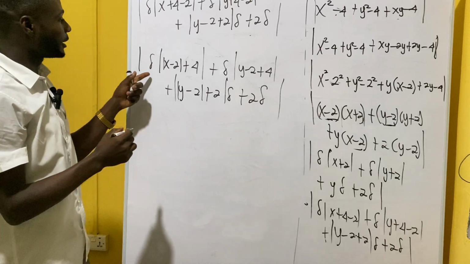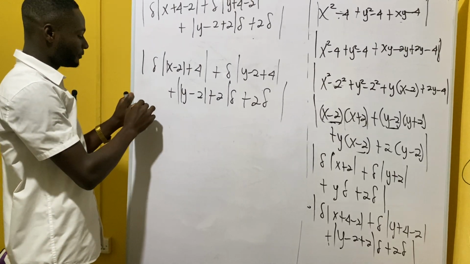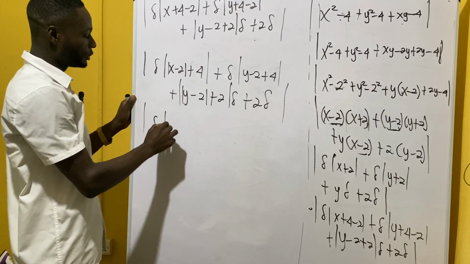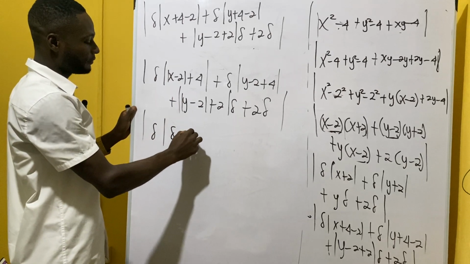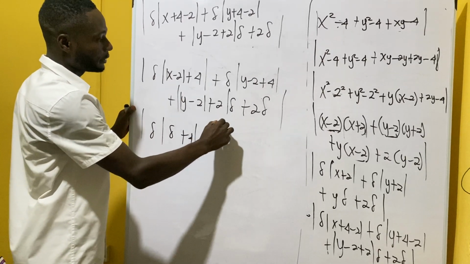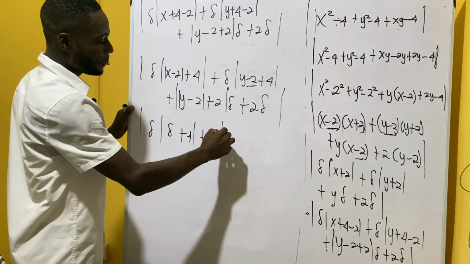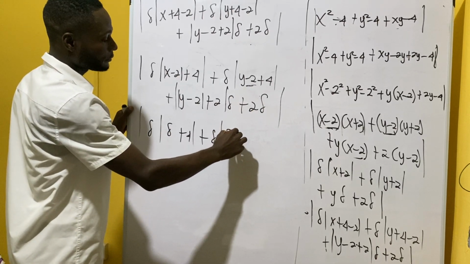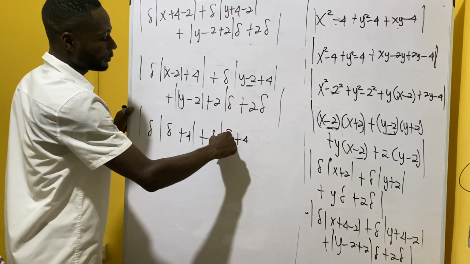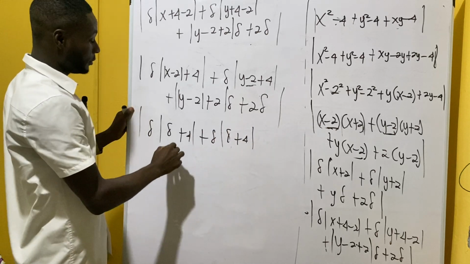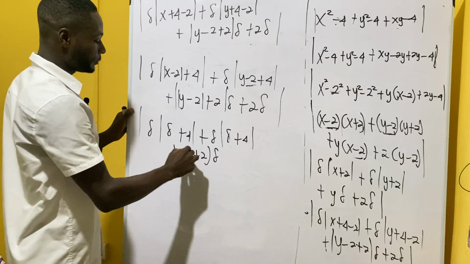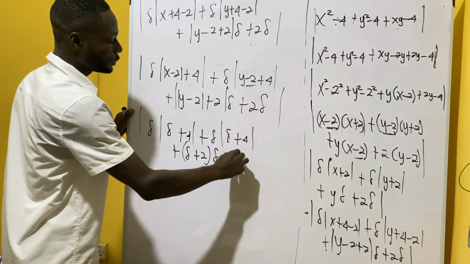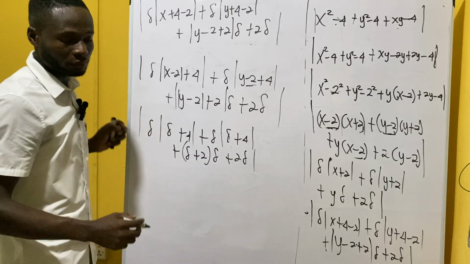So this right here, we can see that we have delta into this right here tends to delta plus 4 plus delta, and this right here also tends to delta plus 4 plus delta plus 2, right? Plus 2 delta, right?